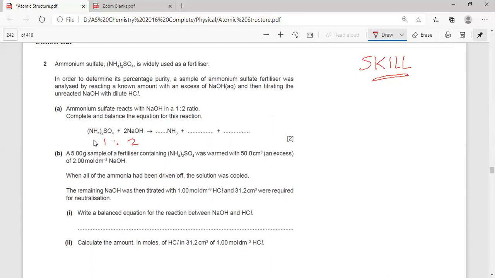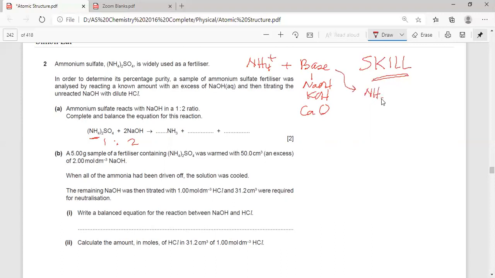Remember, all ammonium salts, as you did in your practical, when you put a base and heat it, the base can be sodium hydroxide, potassium hydroxide, even calcium oxide, which is normally found in fertilizers, you will give out ammonia gas.